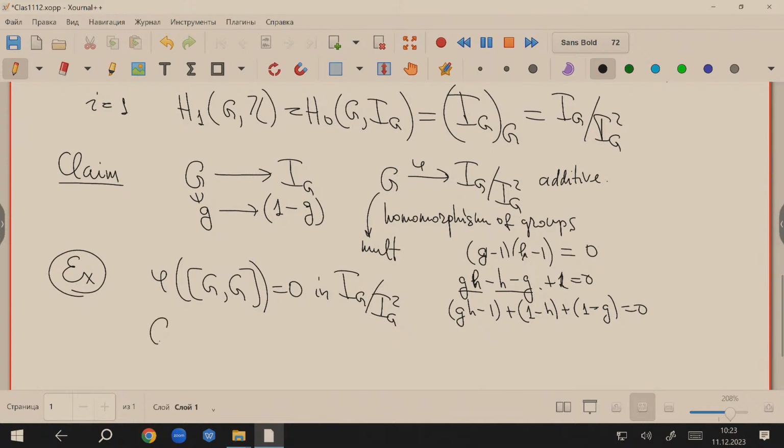So you get the homomorphism from the abelian group G modulo the commutant to I_G modulo I_G squared, and one can check that this is actually an isomorphism. So it is also an exercise to prove that it is an isomorphism.